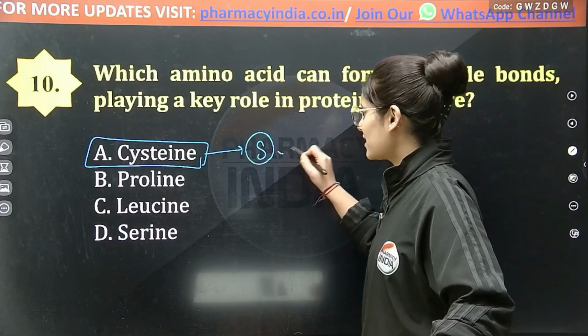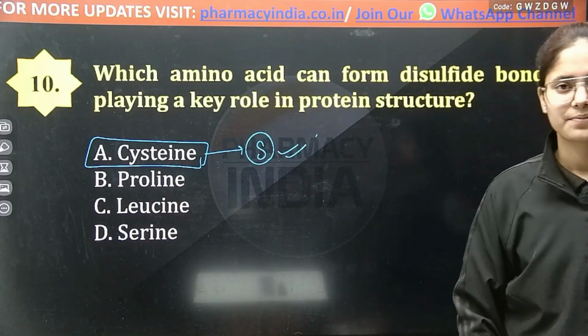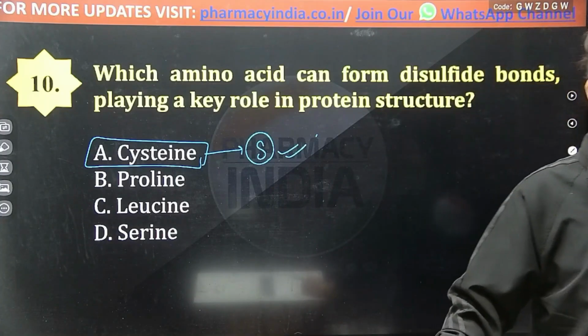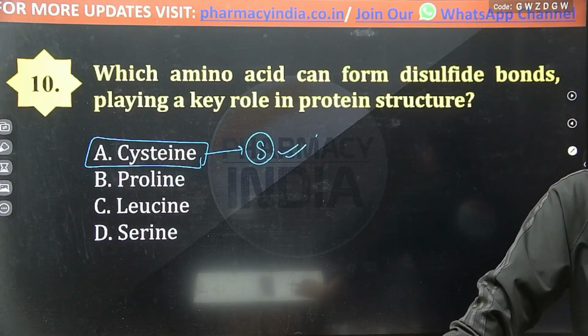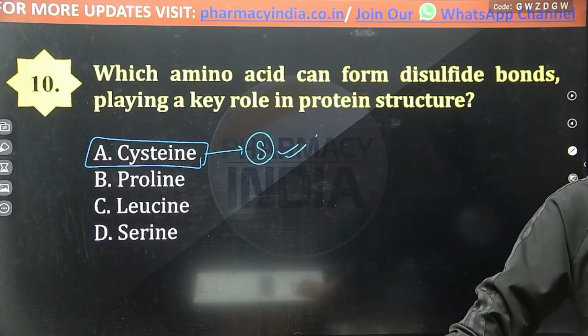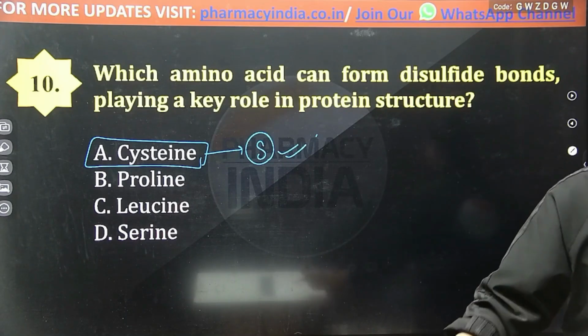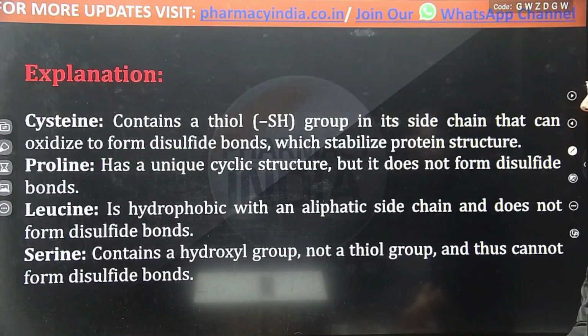So obviously the correct option is cysteine. Clear? Because a disulfide bond is formed with the help of sulfur, and the sulfur containing amino acids are cysteine and methionine. Cysteine contains a thiol group in its side chain that can oxidize to form a disulfide bond, which stabilizes protein structure.